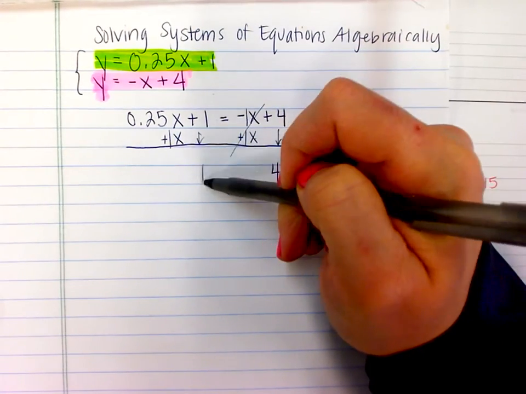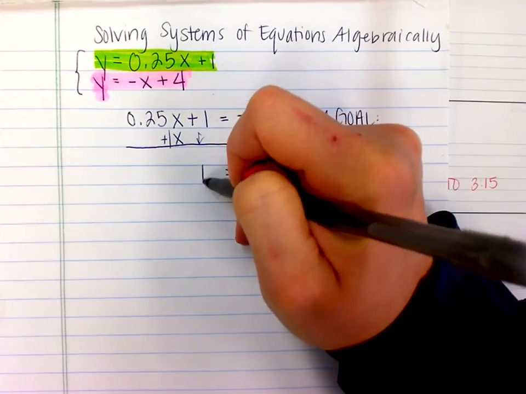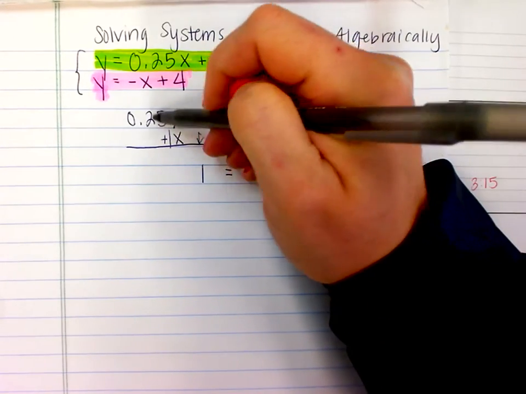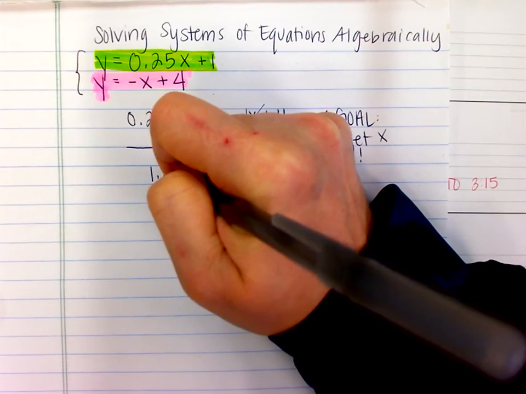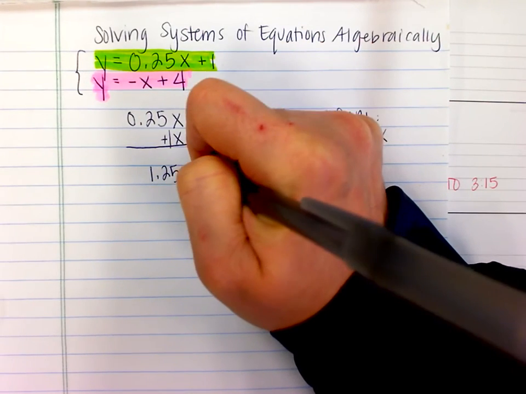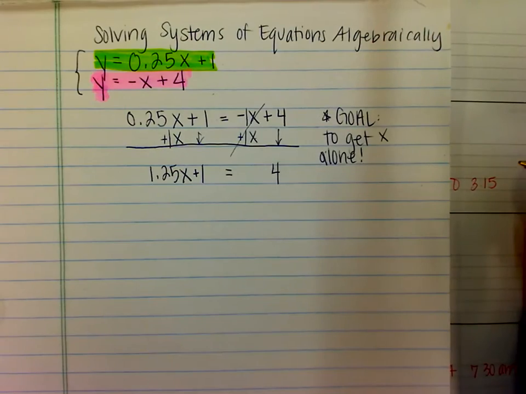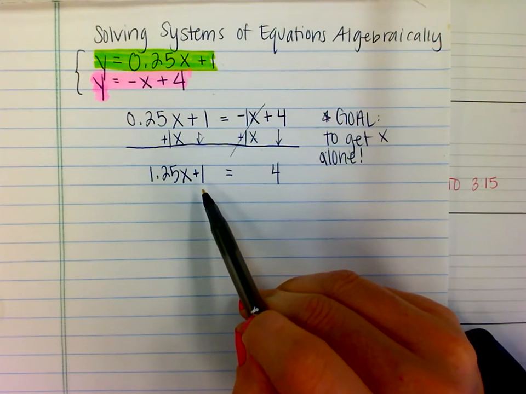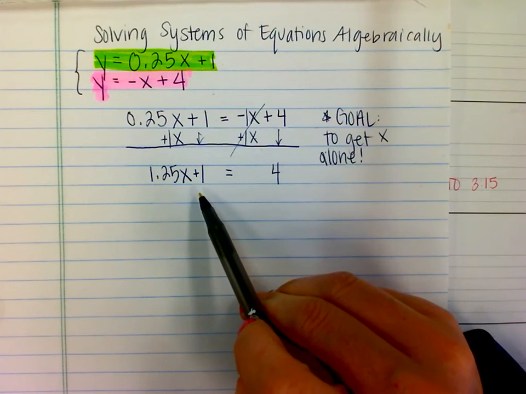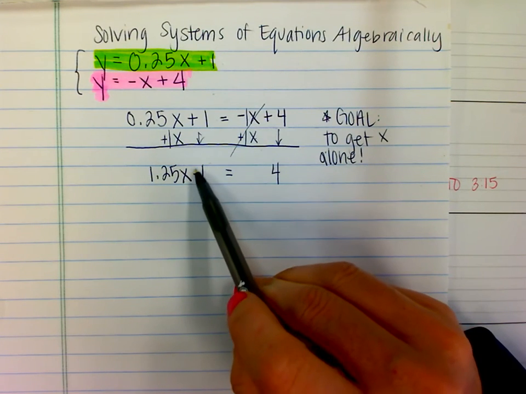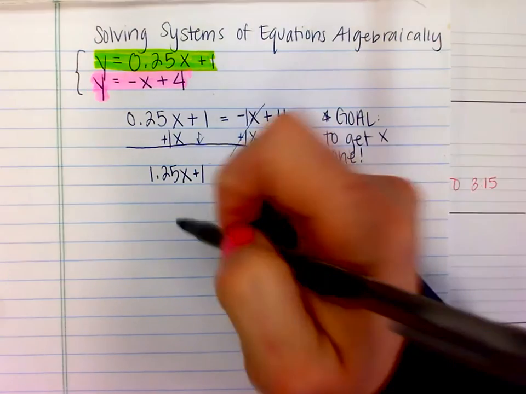This 1 comes down, and now I'm left with 1 and 1/4, or 1.25x. Our next step is to do the inverse operation of this adding 1, right?